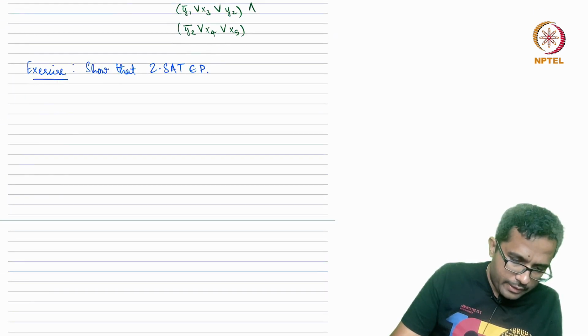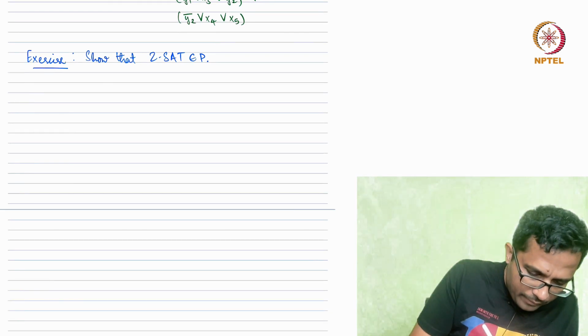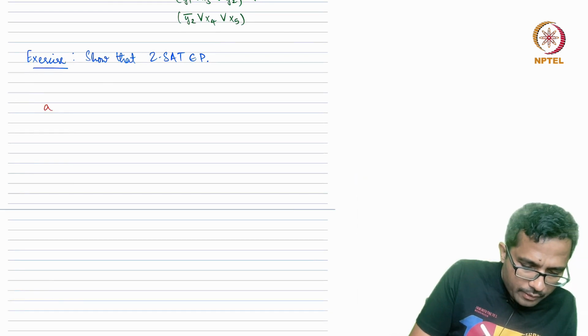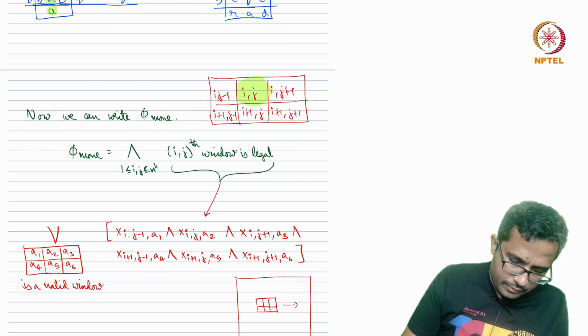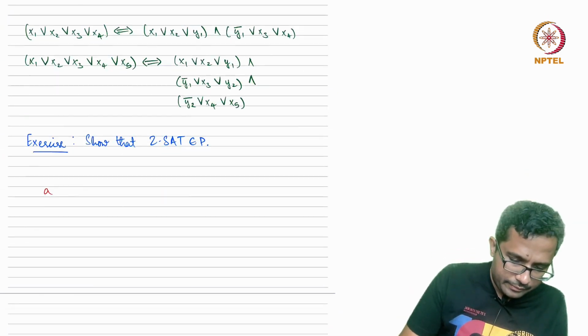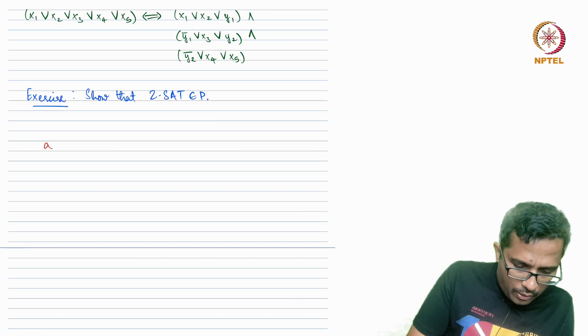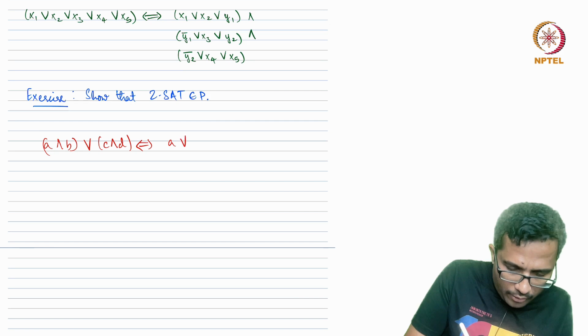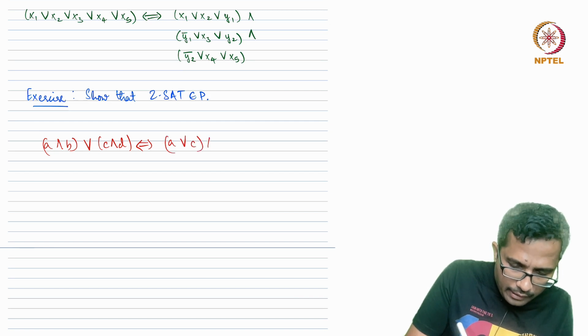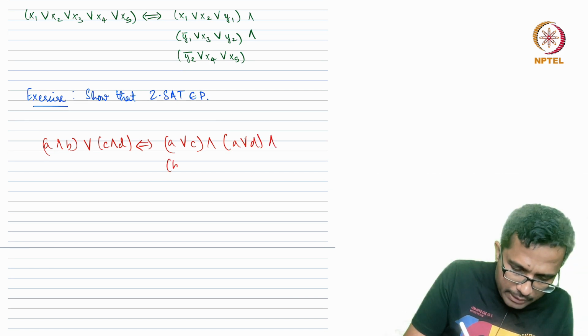For instance, to give a small example, an OR of ANDs can be written as an AND of ORs. Suppose (A and B) or (C and D). This is equivalent to (A or C) and (A or D) and (B or C) and (B or D).